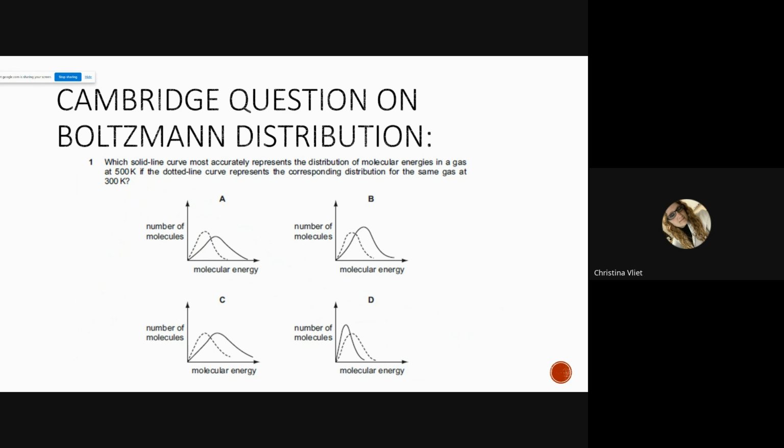Which curve, solid line, represents the distribution of energies in a gas at 500 K? We mean 500 Kelvin. If the dotted line is 300 Kelvin, so dotted line is 300 Kelvin and solid line is 500 Kelvin, which of these two graphs are correct?